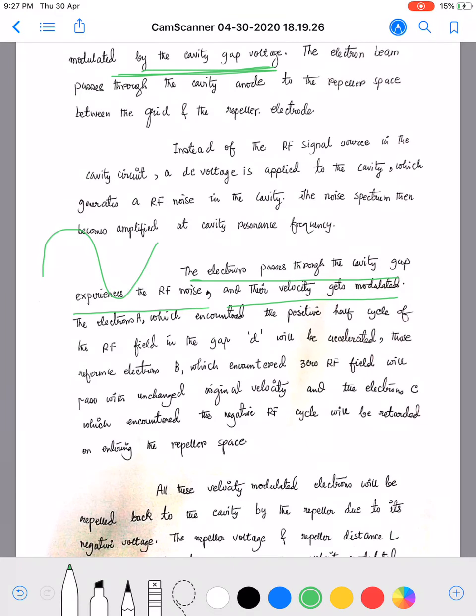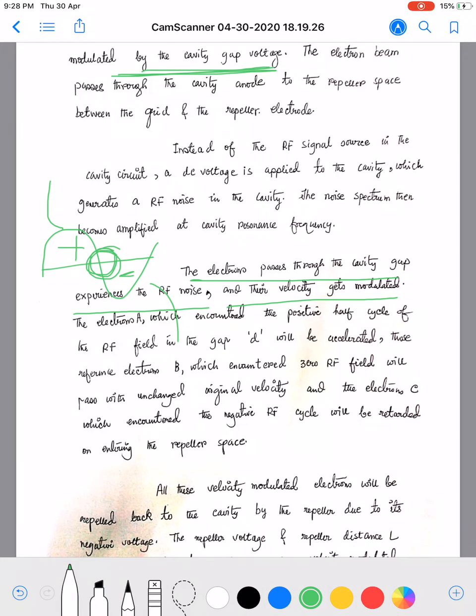If this is the RF voltage, in the positive cycle electrons will be accelerated, at the zero crossing there will be no change of velocity, and in the negative cycle there will be deceleration. So some electrons will have more kinetic energy, some less, and some will be unchanged from the original kinetic energy with which they approach the grid.